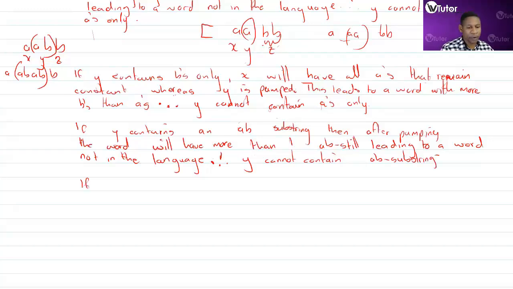Then lastly, if Y contains a BA substring, we're going to have the same argument as above.